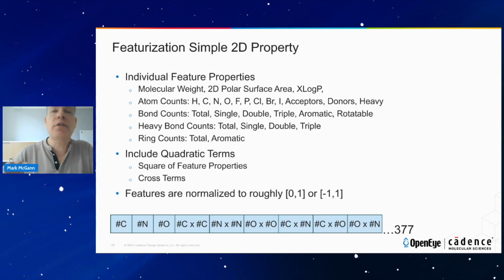All super trivial to calculate properties of a molecule that are based on the graph of the molecule. In addition to calculating these properties, we also compute the squared terms and the cross terms between those. And this gives us a feature vector that's exactly 377 long. But again, this is the most basic null model that we can think of for featurization.